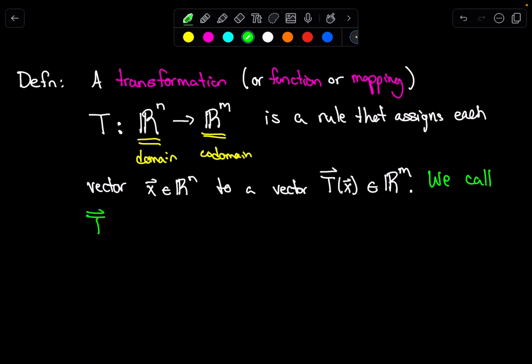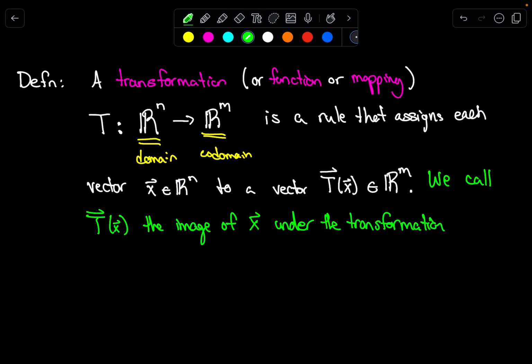We call T of X the image of X under the transformation T.